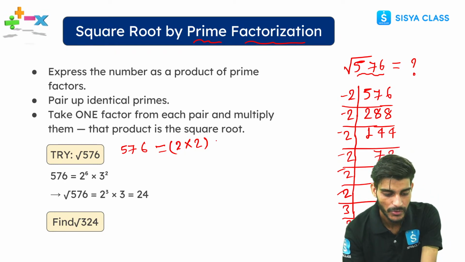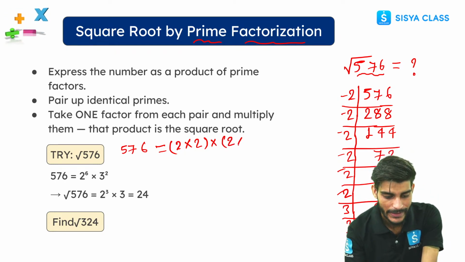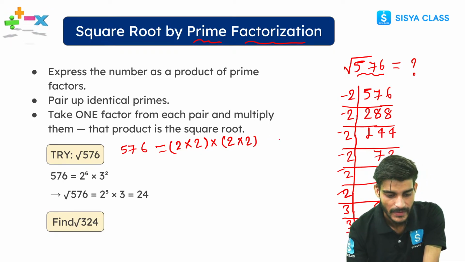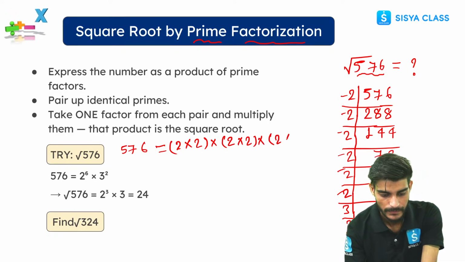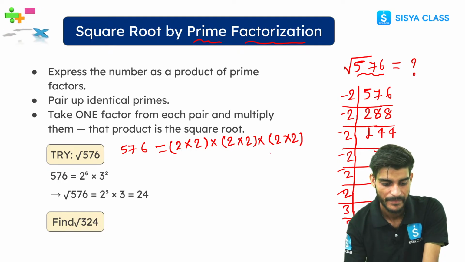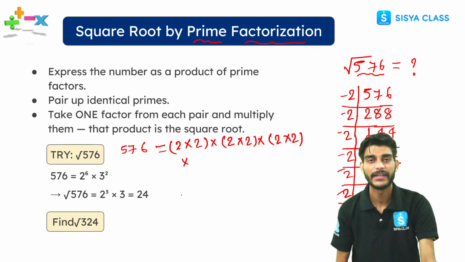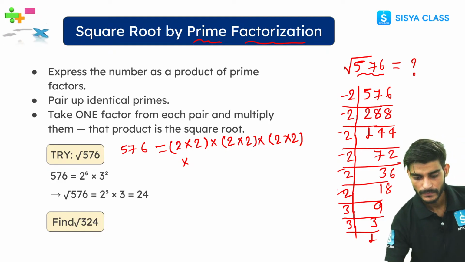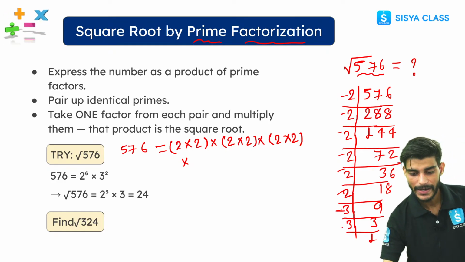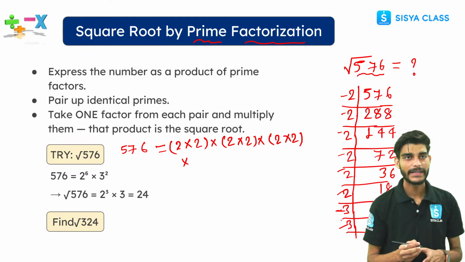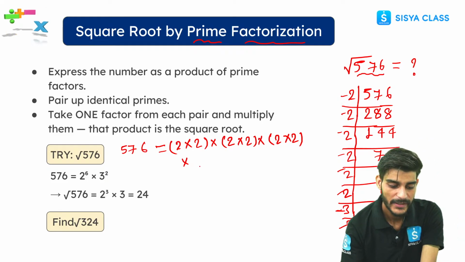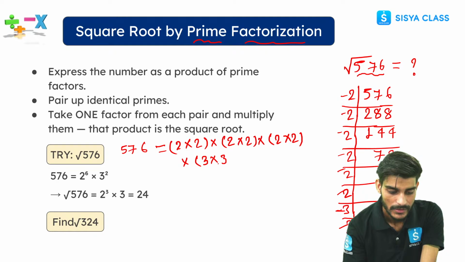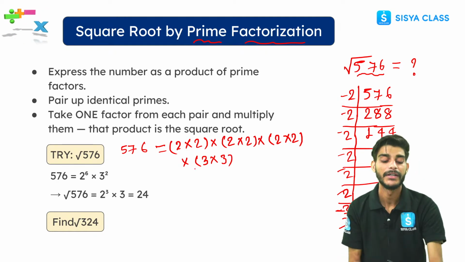So 2 into 2, 2 into 2, 2 into 2. How many 3s do we have? We have 2 threes, right? So how many pairs do we have? We have 1 pair of 3. So I'll write 3 into 3.